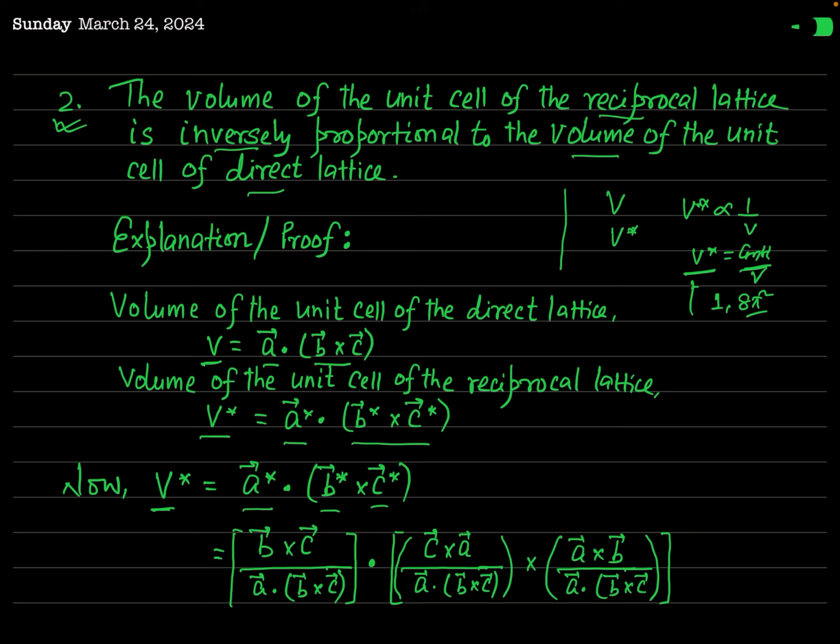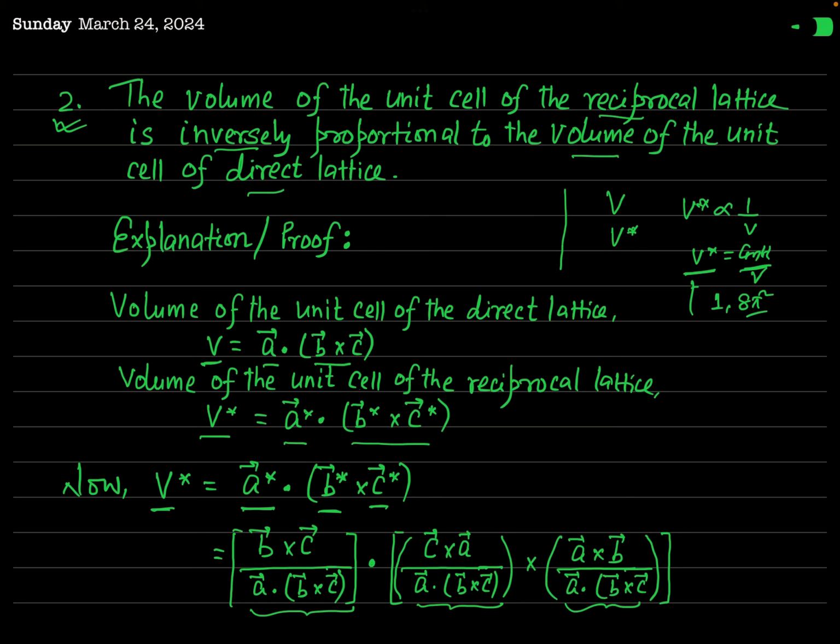Now according to the definition of the reciprocal lattice, instead of A star we can write B cross C over A dot B cross C. And B star is equal to C cross A over A dot B cross C. And C star is equal to A cross B over A dot B cross C.